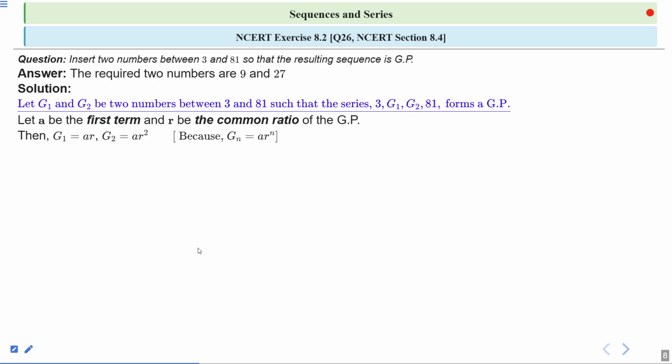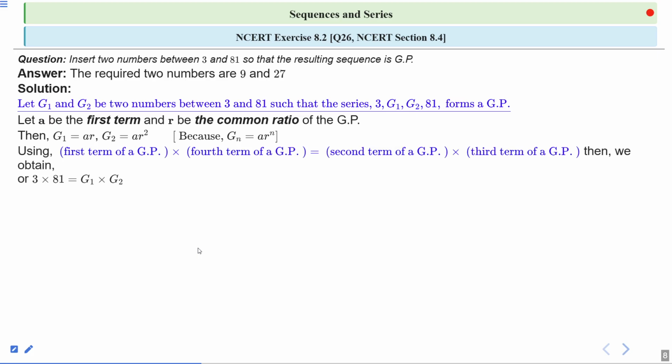Given the first term is 3, G1 is A times R, the first term into the common ratio, so AR is G1 and AR² is G2. Because we know the general term of a GP is AR to the power n, where A is the first term and R is the common ratio.